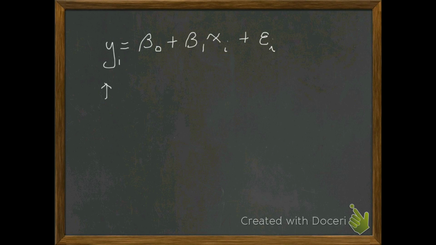Think about the first case for the ACT and GPA: the first observation was a GPA of 2.4. Now when we put this in our model, B0 was, let me look at my notes, 0.648.